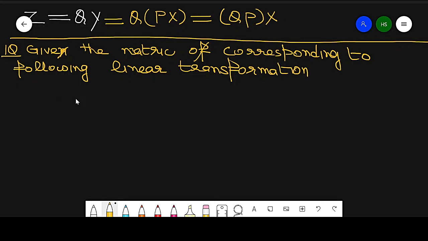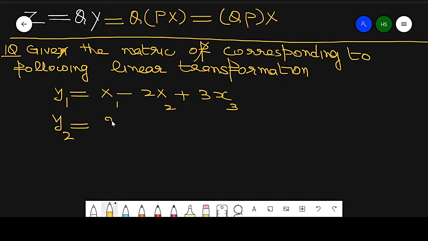So what is the linear transformation? First, y1 which is equal to x1 minus 2x2 plus 3x3, y2 which is equal to 2x1 plus x2.